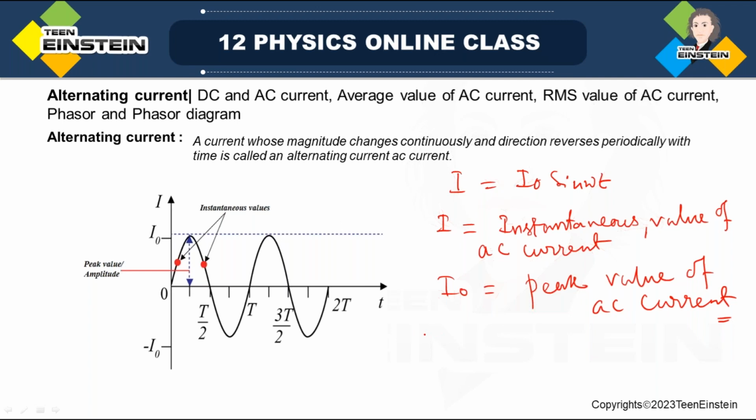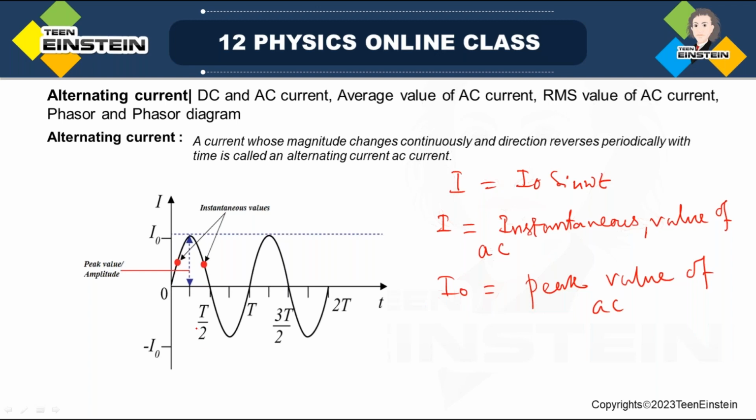Instead of writing AC current, better to write alternating current actually, or just simply AC or alternating current. But when we say about voltage, then AC voltage is fine.